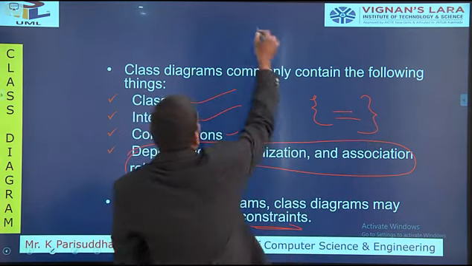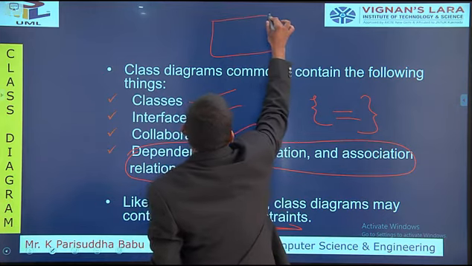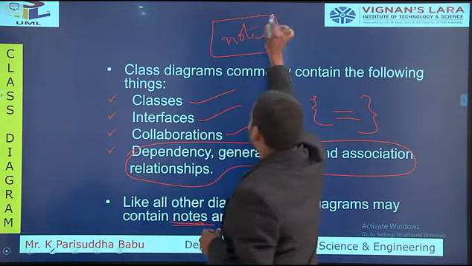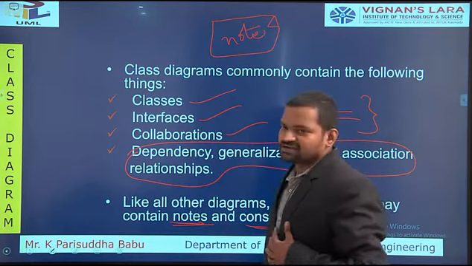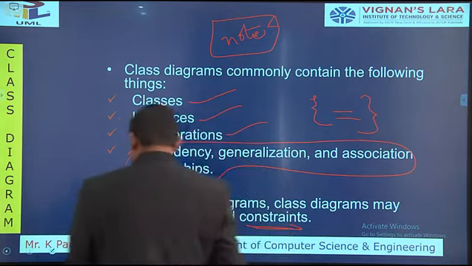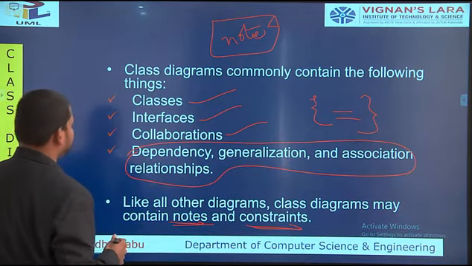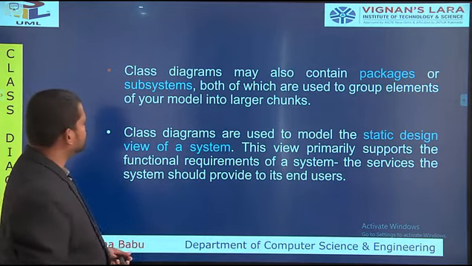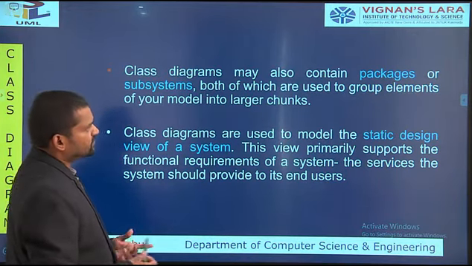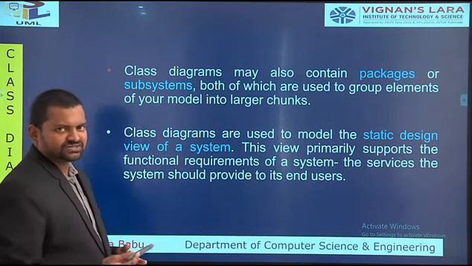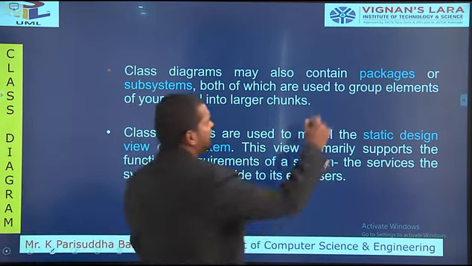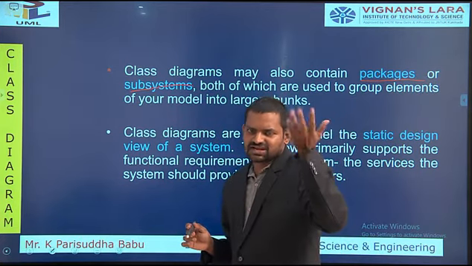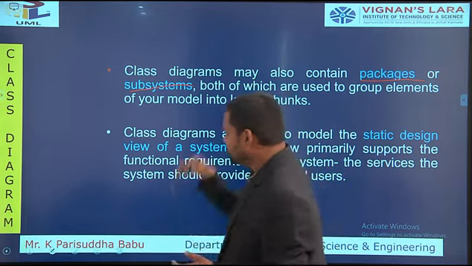A dog-eared arrow symbol is used for a note representing some information regarding something. Class diagrams may contain packages and subsystems, both of which are used to group elements. Grouping elements means interfaces, classes, and so on.